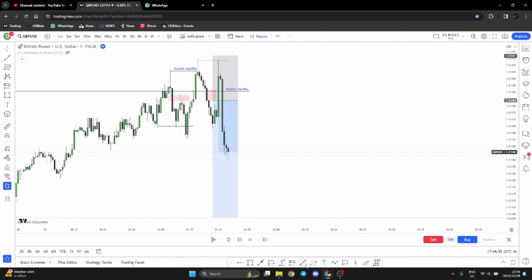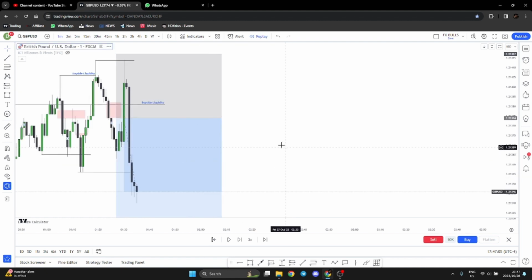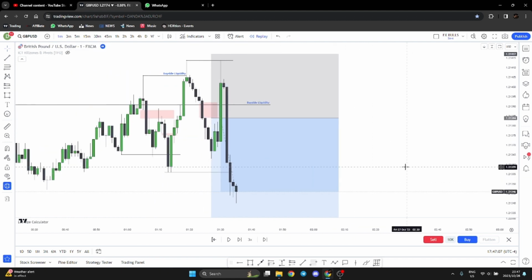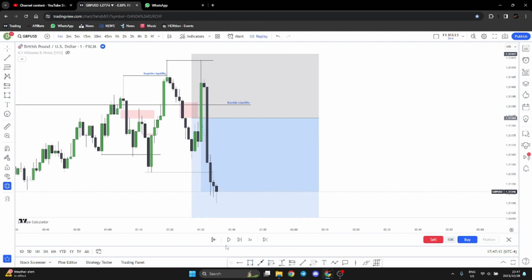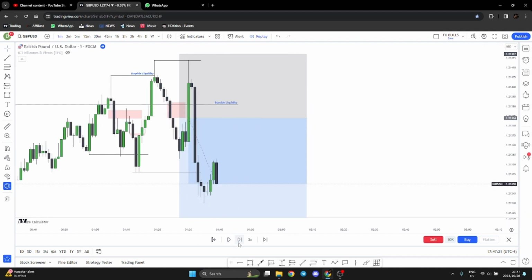Okay, takes out this low here. So this would be a level that I would be interested in securing. Our only problem is we've got this FVG here, so it might be too early to secure. So I'll still hold on a bit and see if it comes back to fill it and then drop, taking out the low that it might form now, and then I'll secure.